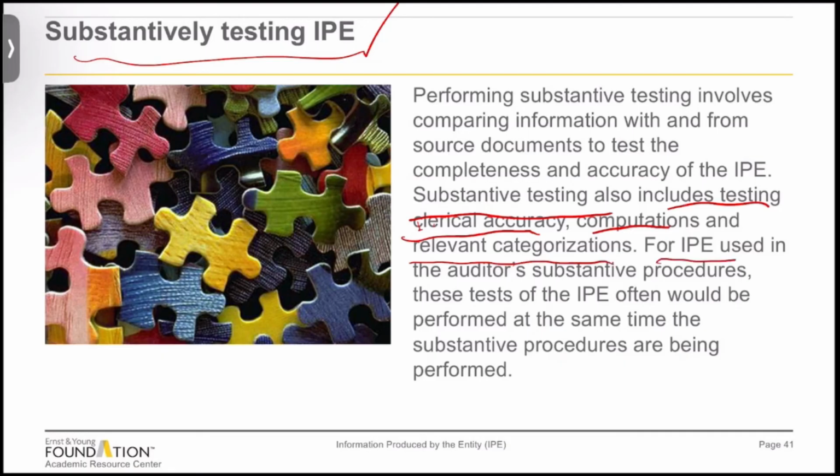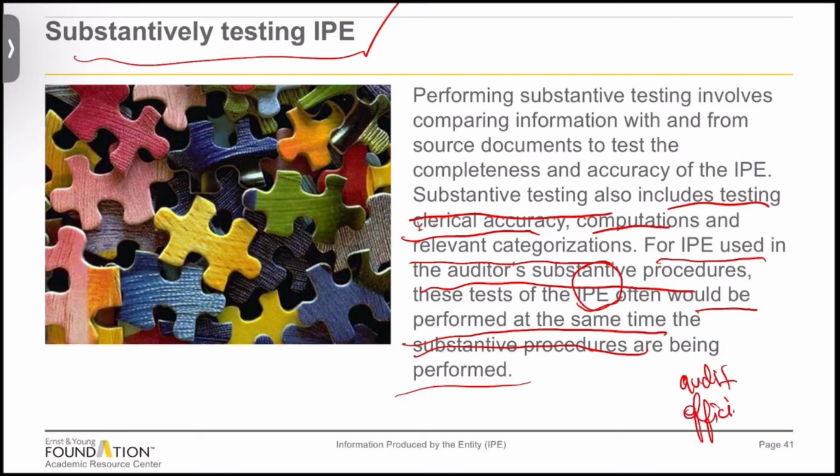For IPE used in the auditor's substantive procedures, this test of IPE would be performed at the same time the substantive procedures are being performed. Of course, this is to address audit efficiency.